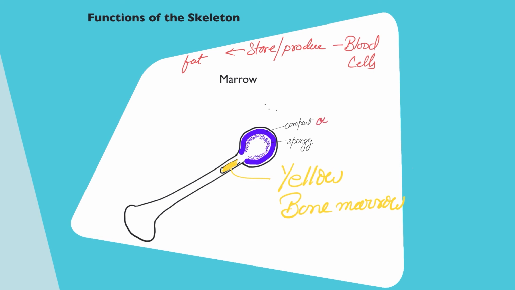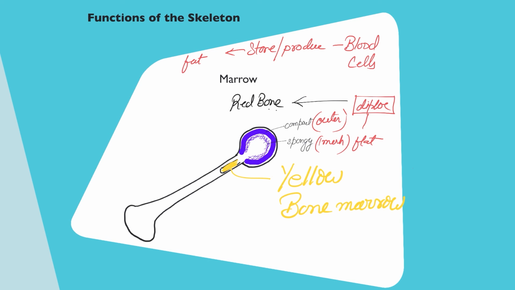The outer is compact, the inner is like a mesh, and you call that spongy bone. Now, the spongy bone of flat bones is called diploe. The diploe of flat bones has a very special type of marrow called red bone marrow.